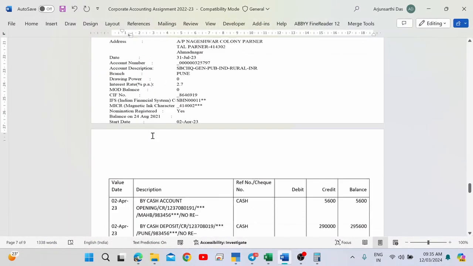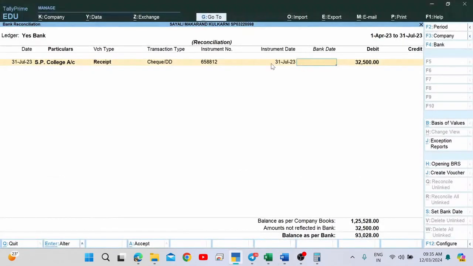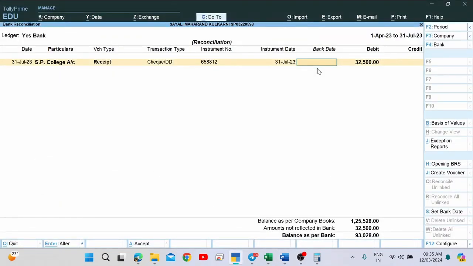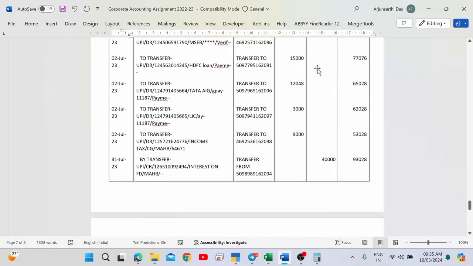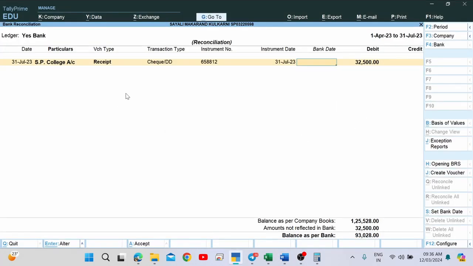And we have the bank statement up to 31st July only. Therefore you will not get the bank date in the statement. If you don't have a bank date, don't give that. And our target is to tally the books balance with the statement balance as on 31st July. With the help of reconciliation, you will find that because of this check, tally is saying there is a difference between the closing balance as per the books and as per the bank.